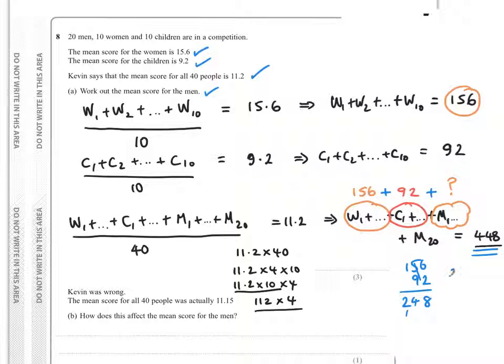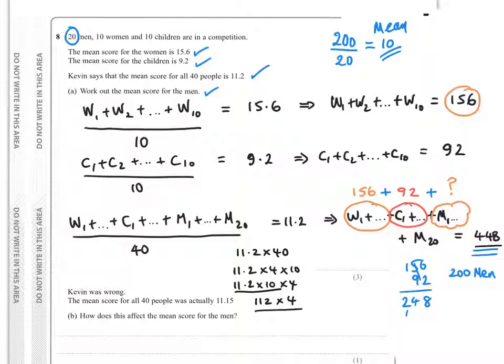So that means there has to be 200 men. So what will the mean for men be? Well, it should be 200 divided by, well, how many were there? 20, and that gives 10. So the mean for men is going to be 10.